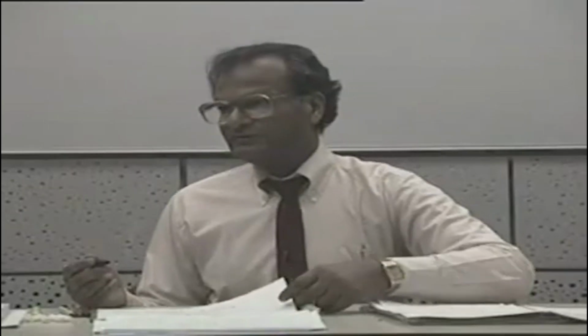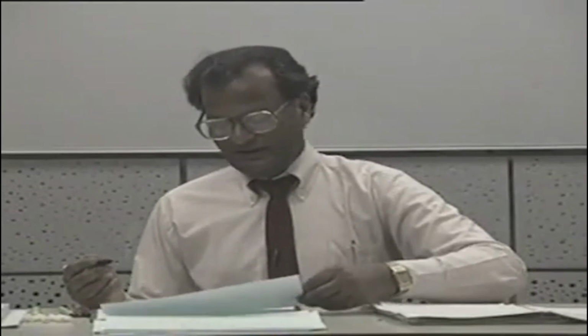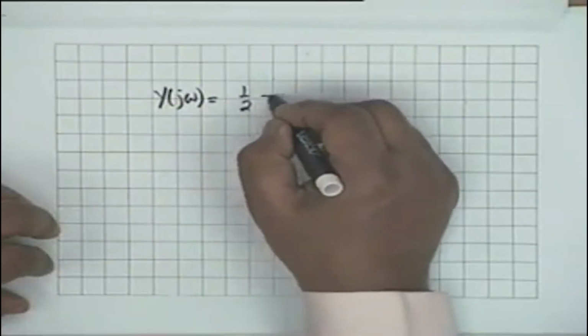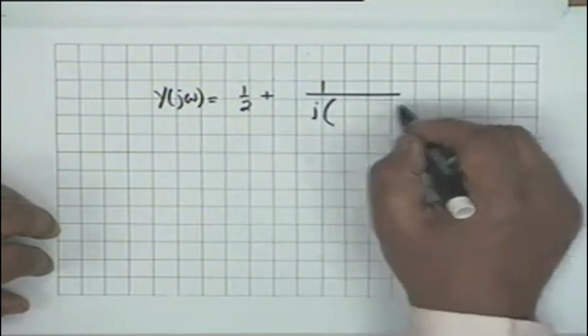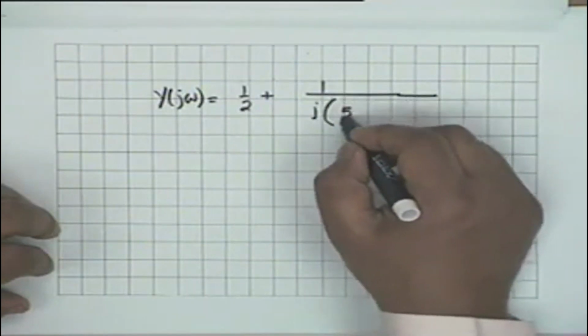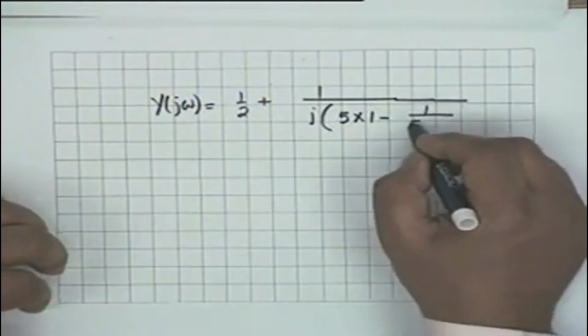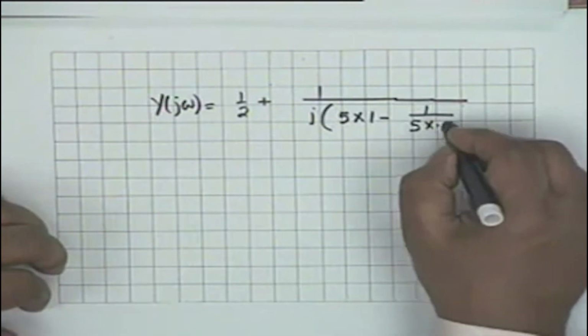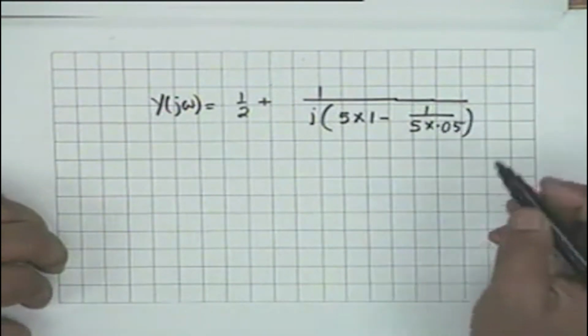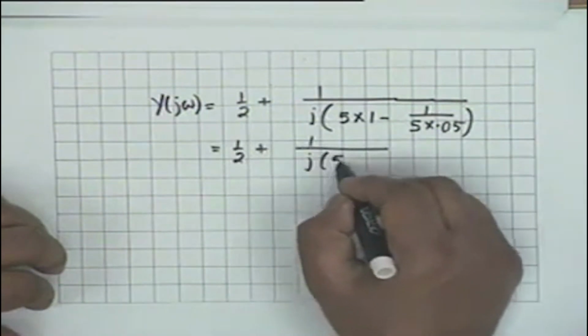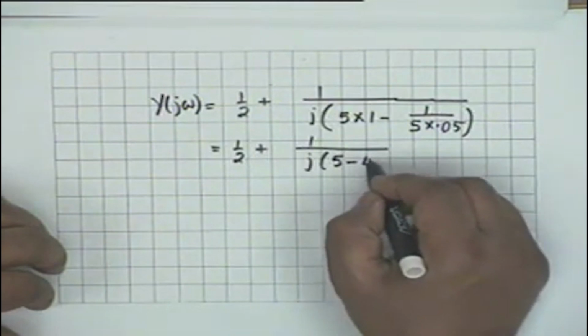Omega is 5, and L and C are given, so Y of j omega is equal to half plus 1 over j times (5 into 1 minus 1 over 5 into 0.05). So this is equal to half plus 1 over j times (5 minus 4). So this is simply half minus j.